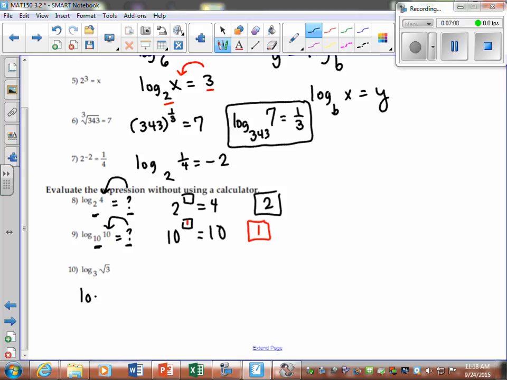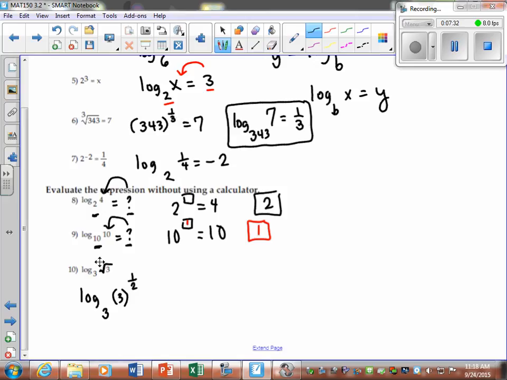Now this, let's rewrite. Because it's not in an exponential form, this is the same thing as 3 to the what? What's the known index of a square root? The known index of a square root is 2. So this is to the 1/2 power. Where if we look back up here and it was a 3, then the exponent was 1/3.